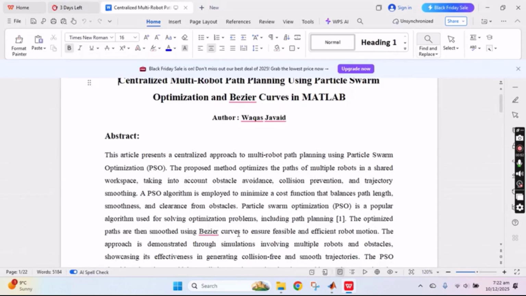Okay, so the PSO algorithm basically minimizes the cost function and balances the path length and smoothness with the clearance from the obstacles. In the PSO algorithm, we have used our board to be feasible for its efficiency, for its simulation purpose, and for its avoidance of obstacles.